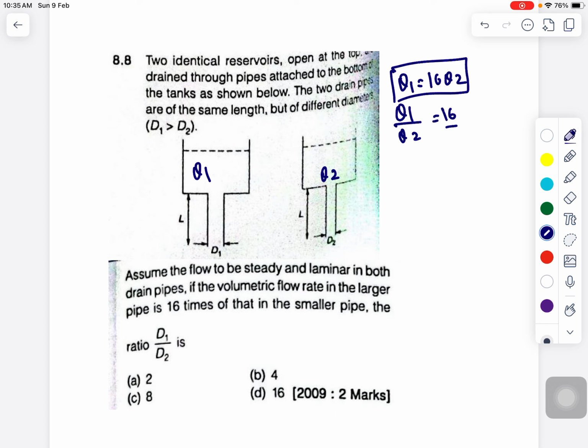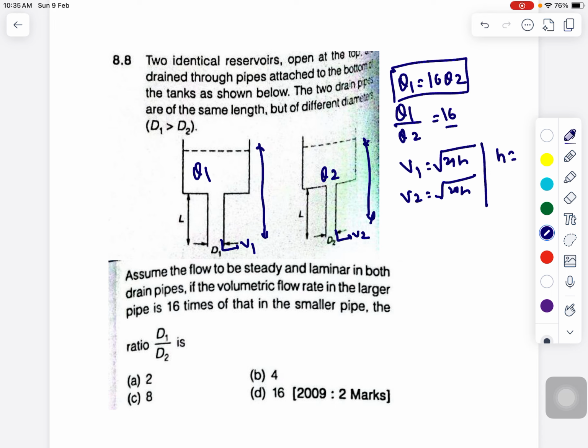Okay, great. So when we talk about the velocity ratio here, v1 and v2, the height from here to here is the same. So if you apply the Bernoulli equation, you will get v1 equals root 2gh and v2 equals root 2gh, and h is the same in both cases, so you will get v1 equals v2. Is that clear? So what is Q? Q1 equals A1 into v1 and Q2 equals A2 into v2.